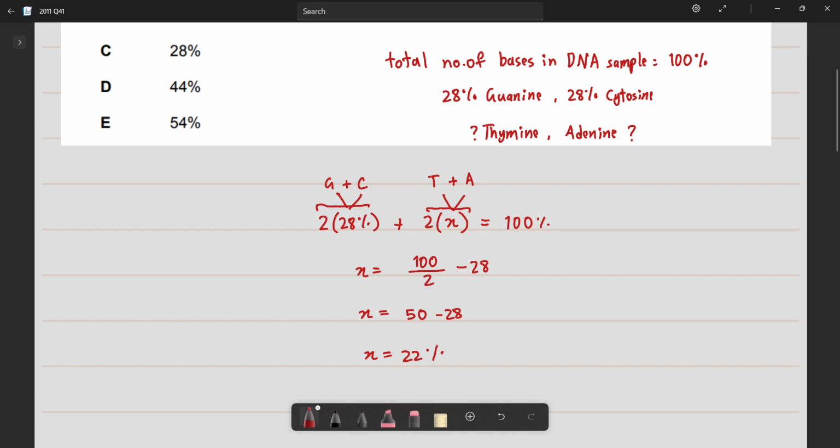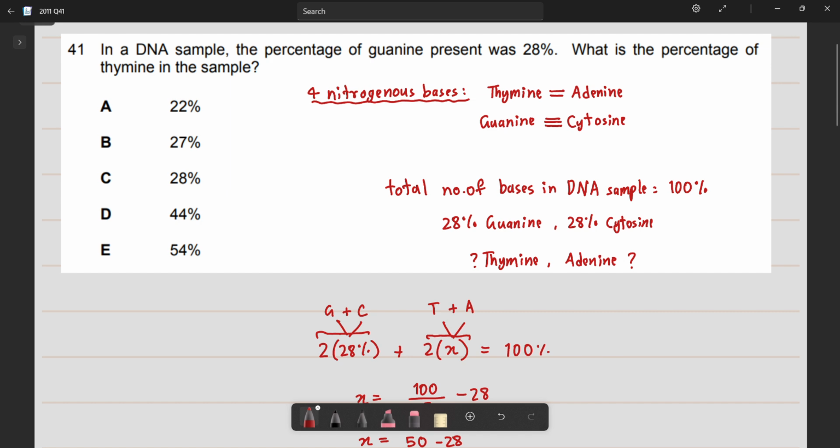This means the percentage of thymine bases in the DNA sample is 22%, and the same for adenine, which is also 22%. So the percentage of thymine in this DNA sample is 22%.